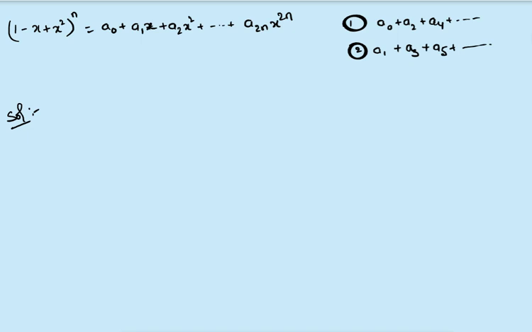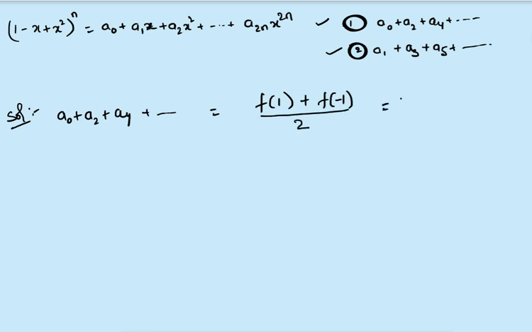So he is asking to find a0 + a2 + a4 and so on, and a1 + a3 + a5 and so on. So what I am doing for finding a0 + a2 + a4 and so on: put x equals 1, next put x equals minus 1, add those two, divided by 2.